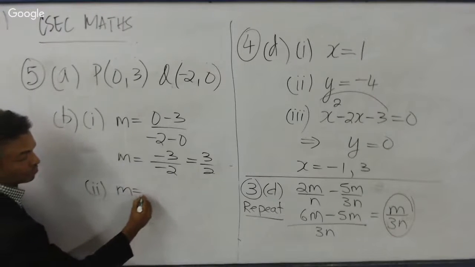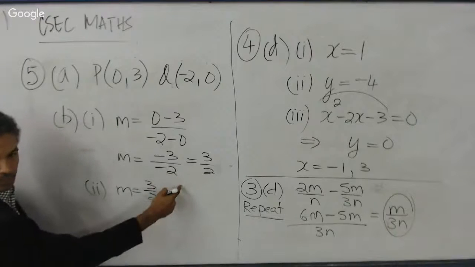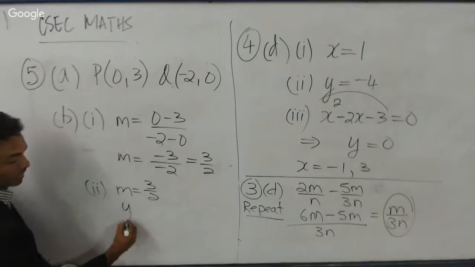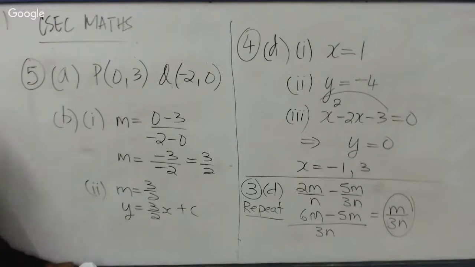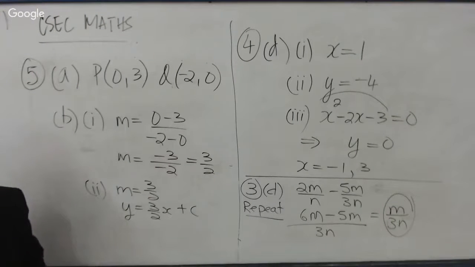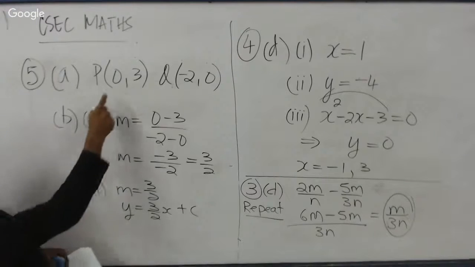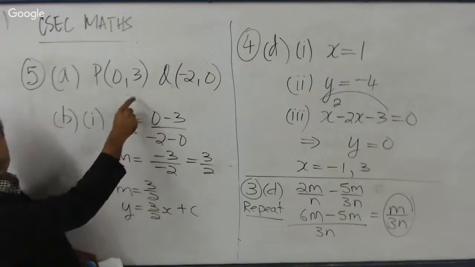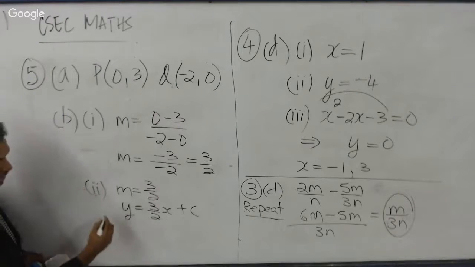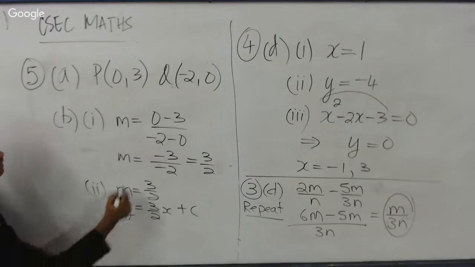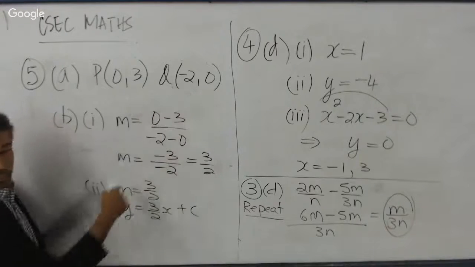We know the gradient is 3 over 2 from here. So the equation is y equal 3 over 2x plus c. Students do it this way. There's a very important thing which says, if a point is on a line, then the coordinates are supposed to work in the equation of the line. So since we know these 2 points are on the line, I could substitute the coordinates of any one of the points. Let's say I use Q. I would get x equal minus 2 and y equal 0.